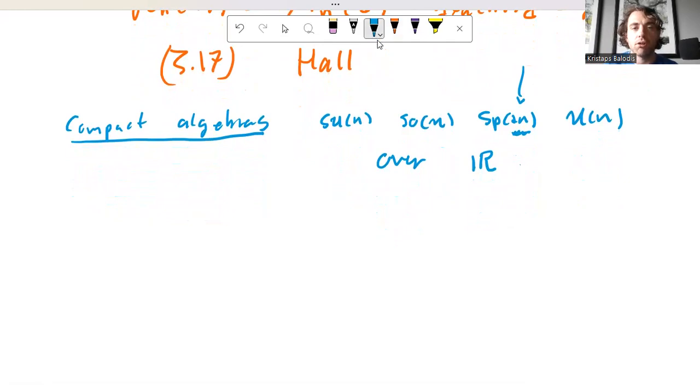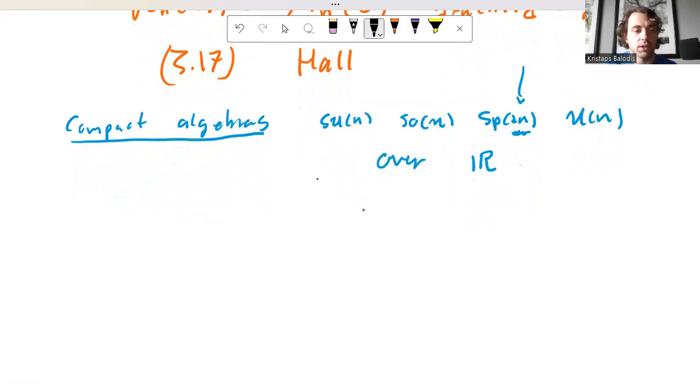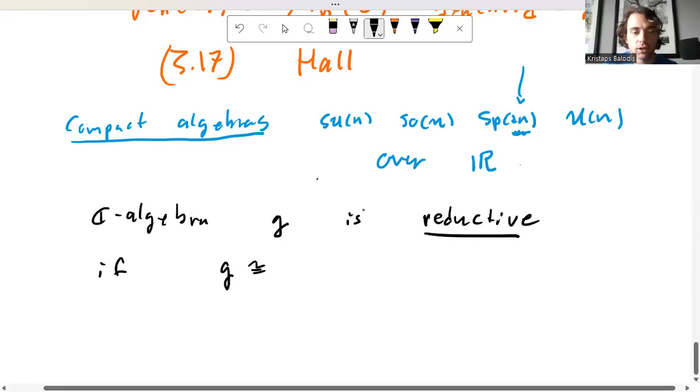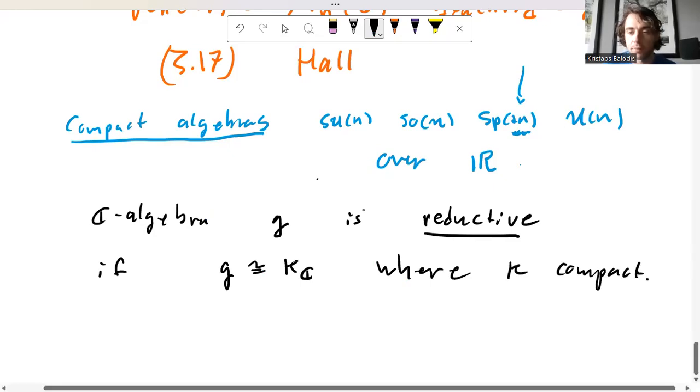And so then Hall offers us this definition. There are various equivalent definitions, but he says that a complex Lie algebra G is reductive if G is isomorphic to the complexification of some compact Lie algebra.